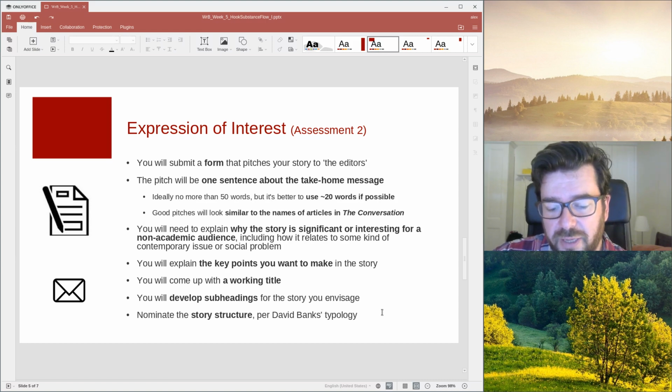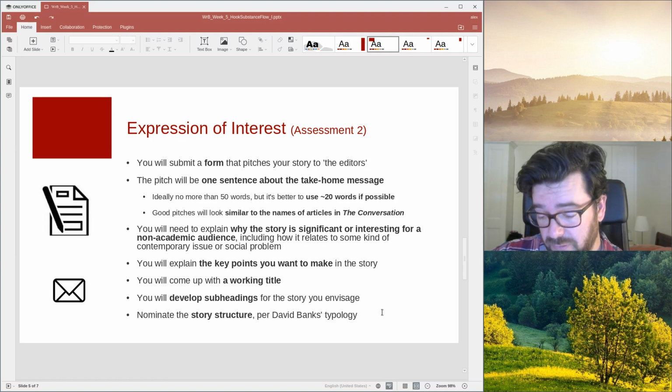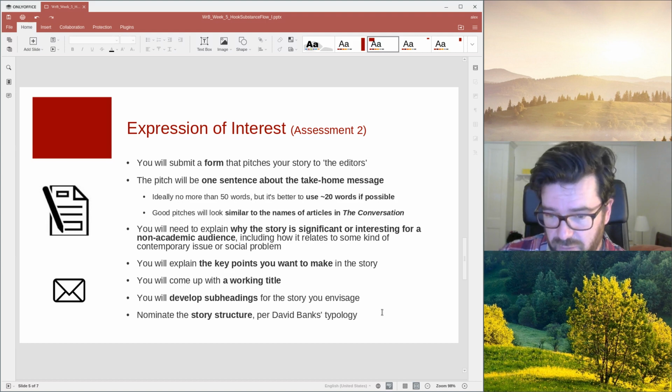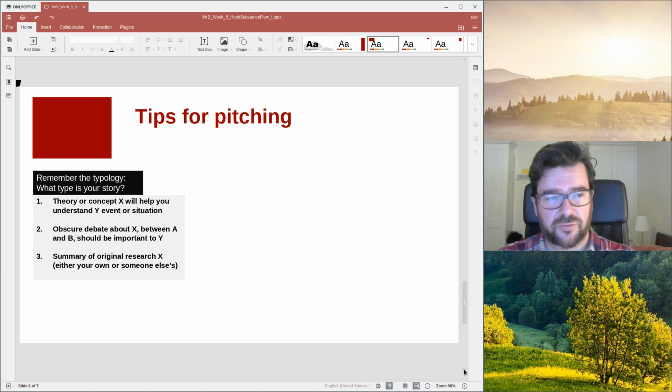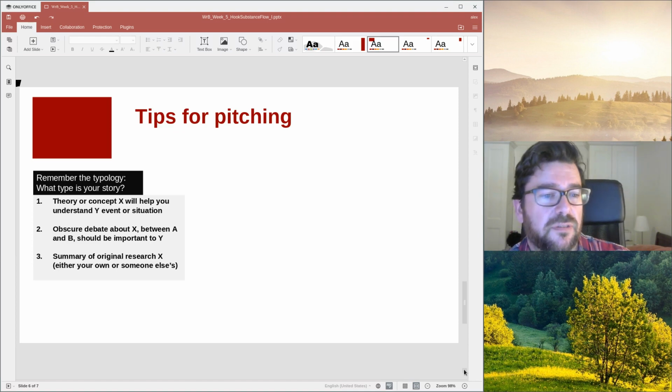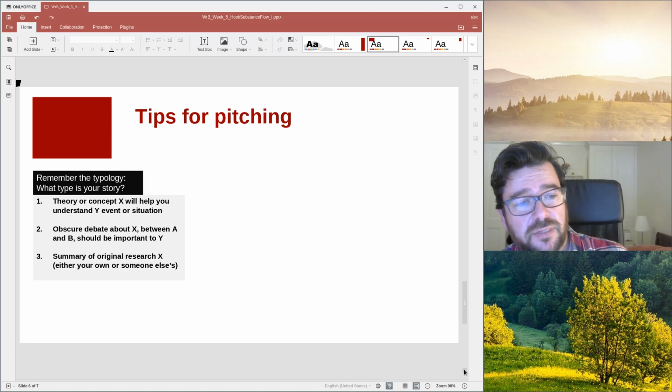And then finally, we get you to select one of the three types of story as per David Banks' typology, which I think I have on the next page. Yeah, here we are. Oh, wow, that's rendered strangely. One, theory or concept X will help you understand why event or situation.